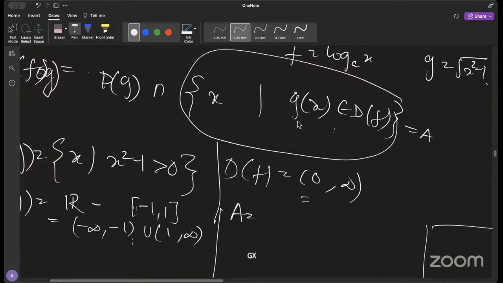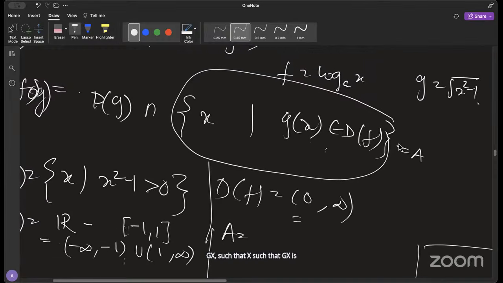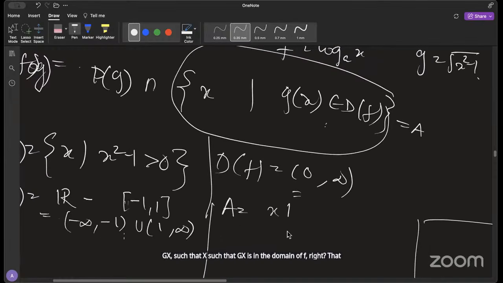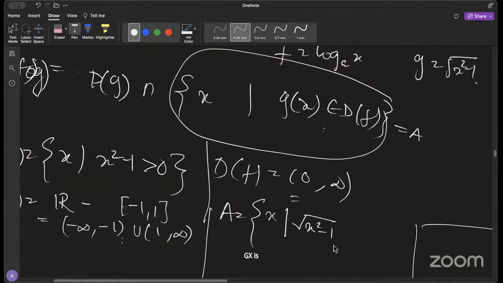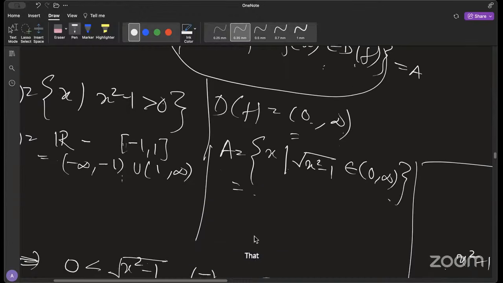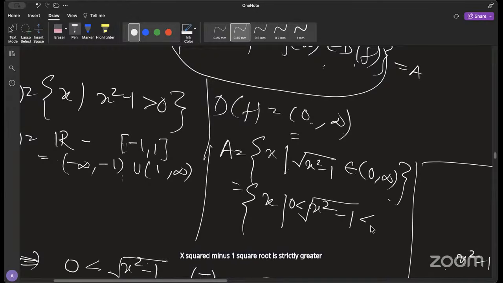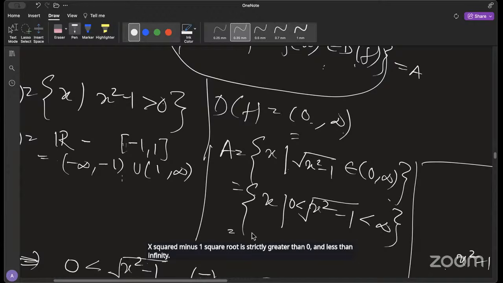If this is set A, then my A set is x such that g(x) is in the domain of f, right? That means x such that g(x), the square root of x square minus 1, is in the domain of f. Domain of f is 0 to infinity. That means you want to find x such that the square root of x square minus 1 is strictly greater than 0 and less than infinity, right?